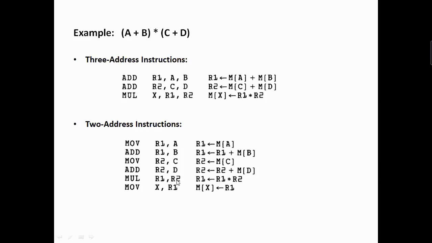We just have to multiply them and store the answer in R1, which can be done by this. Then finally we have the answer in R1 that can be stored in some memory location by this. So this is the way the program will be in a two address instruction format.